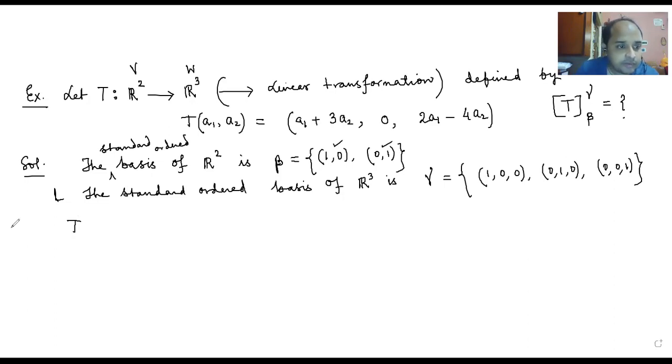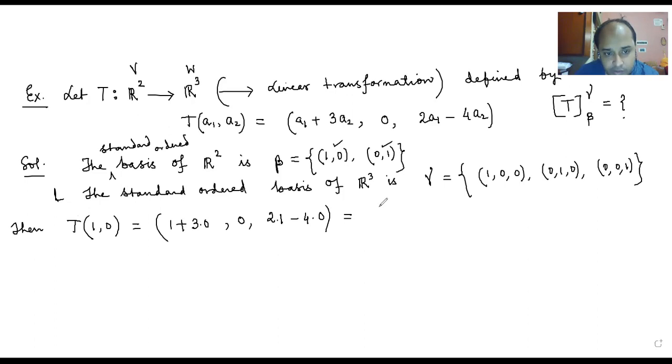So if we apply the transformation on (1, 0), the basis element, T(v1), try to recall, what we get is (1 plus 3 into 0, 0, 2 into 1 minus 4 into 0), which is equal to (1, 0, 2).